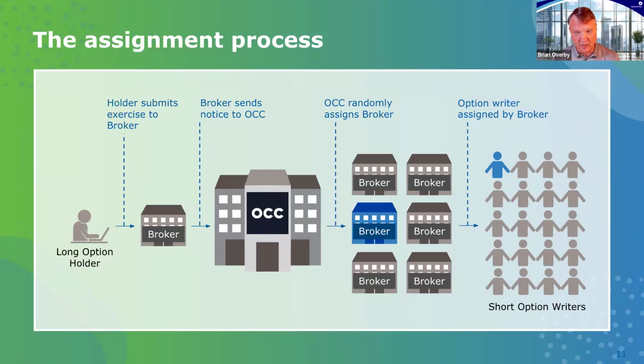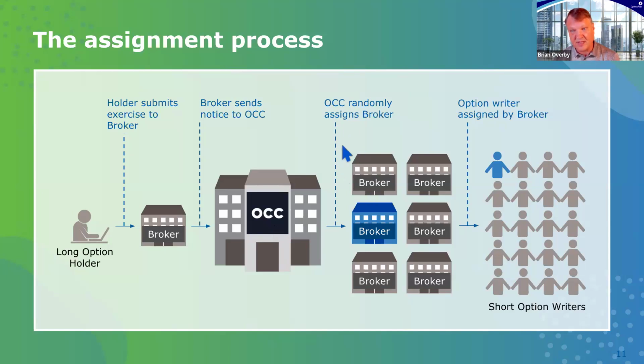And if they don't make good on their obligation, the Options Clearing Corporation is going to make good on that obligation. All right. So that was a very important step or process or cog that we had to put into the wheel to make the listed marketplace work.